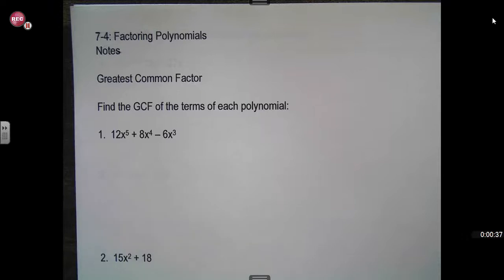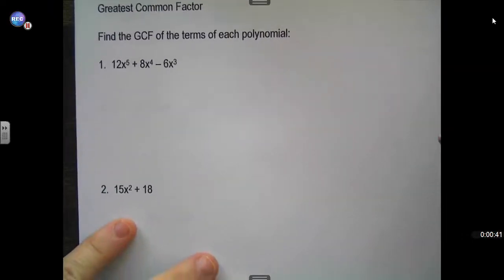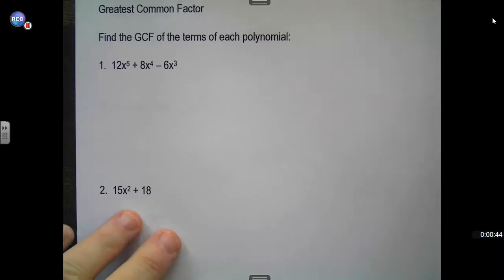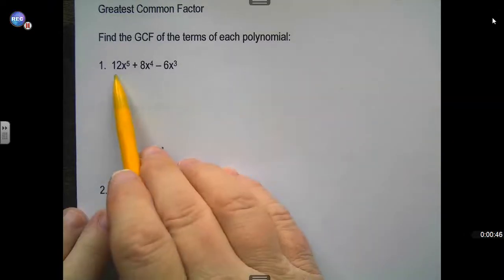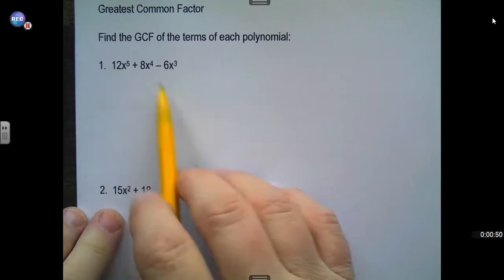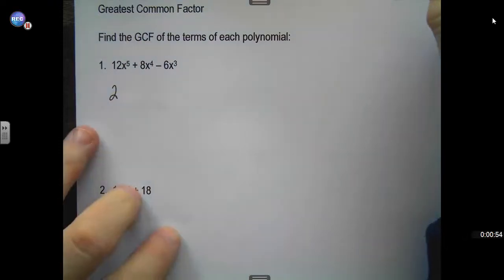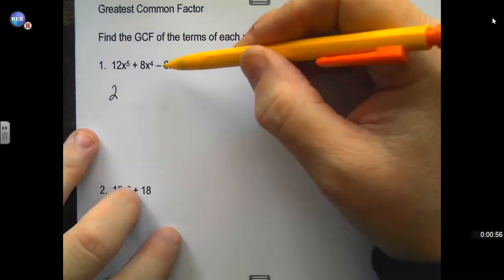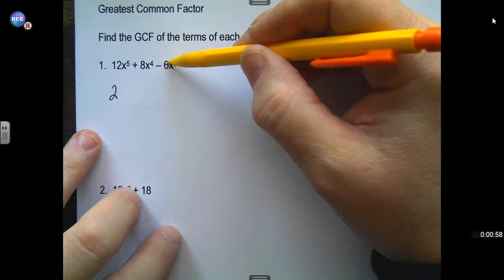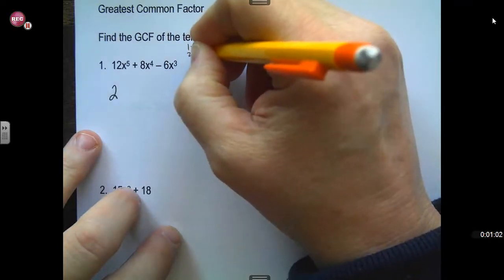And so what they want us to do here first is to just find the greatest common factor and factor that out. If we look at 12, 8, and 6, the greatest common factor between those three numbers is 2. The way I get that, I pick the smallest number, which is 6, and its factors are 1 times 6 and 2 times 3.